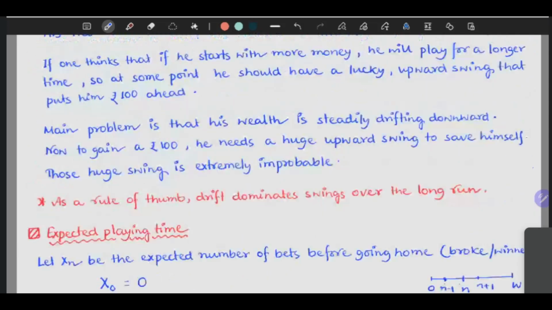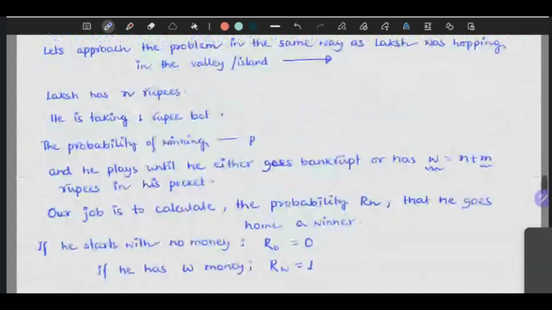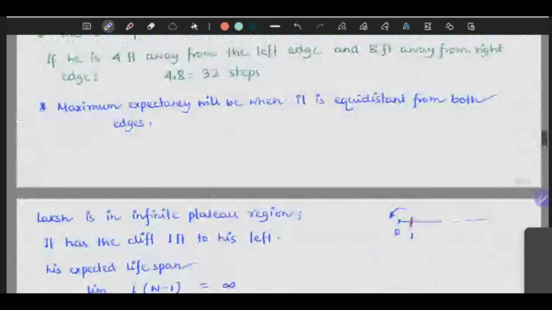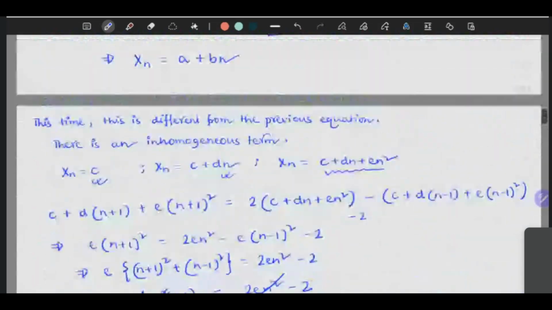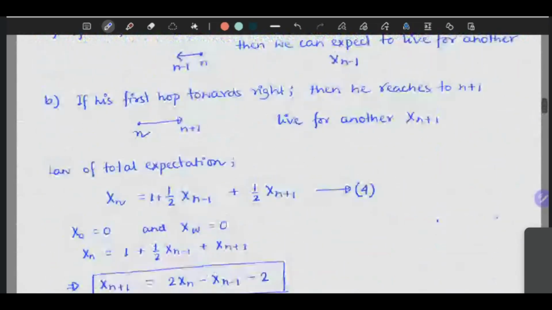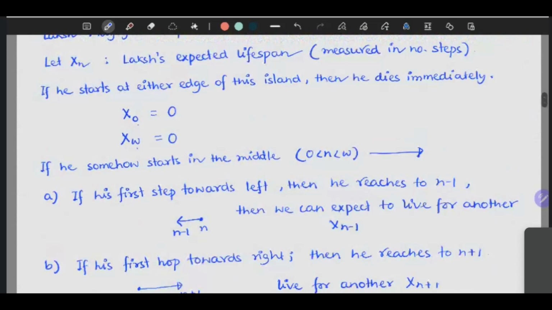So this is similar to that cliff problem. There also we write the expectations like this one, right? So when it starts towards the left, then he reaches n minus 1. It can lose some money or it can win some money.